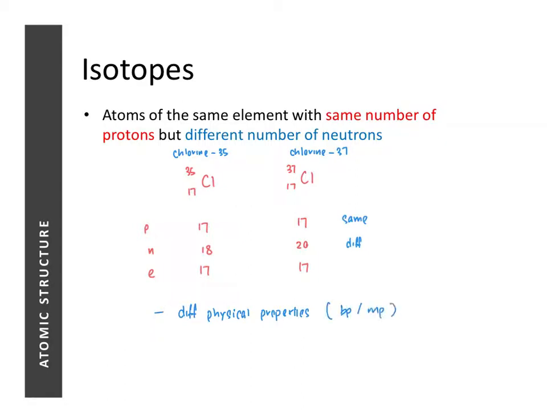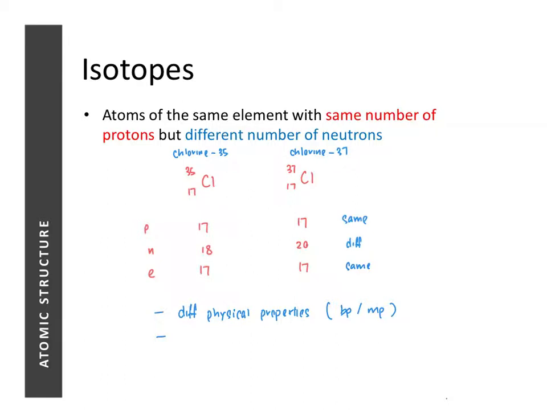So we need to remember, due to the difference in masses, isotopes actually have slightly different boiling points and melting points. However, they have the same number of electrons. Now, in most chemical reactions, it's the electrons, or more specifically the valence electrons, which we will learn in a while, that are involved in chemical reactions.